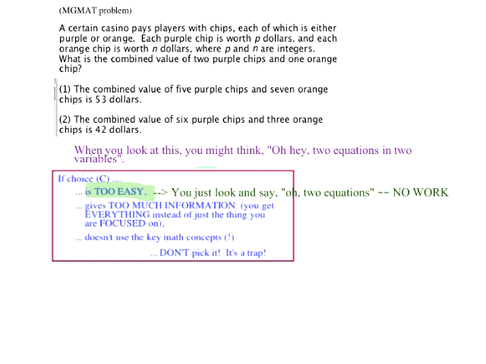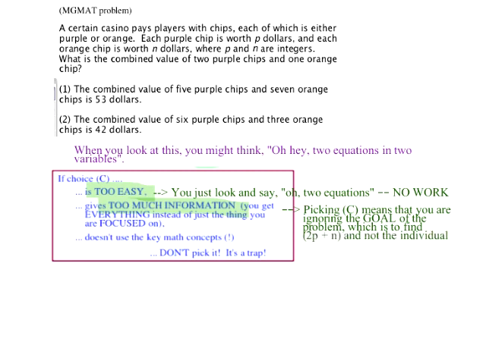It's too much information, right? You're not thinking about the goal expression. So if you pick C, it means that you are ignoring the goal of the problem, which is to find the value of 2P plus N, and not the individual values of P and N. And then finally, it doesn't use the key math concepts.